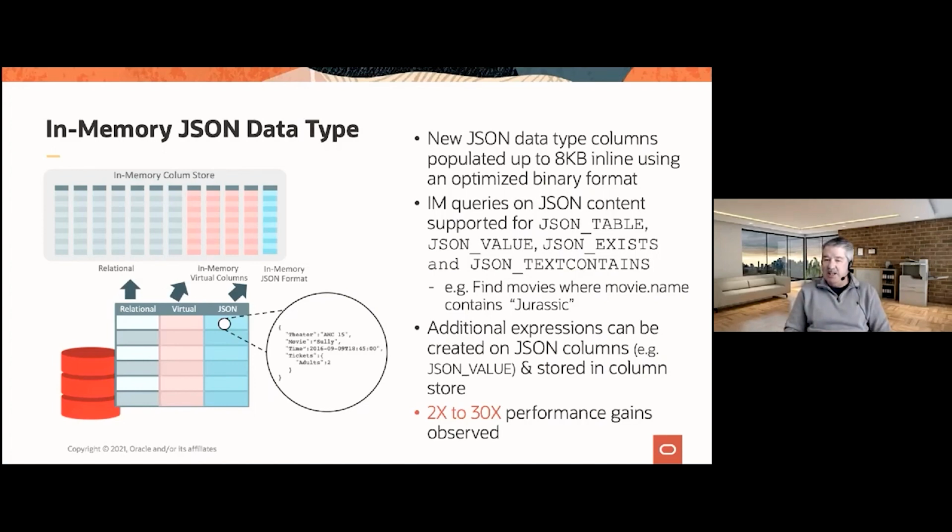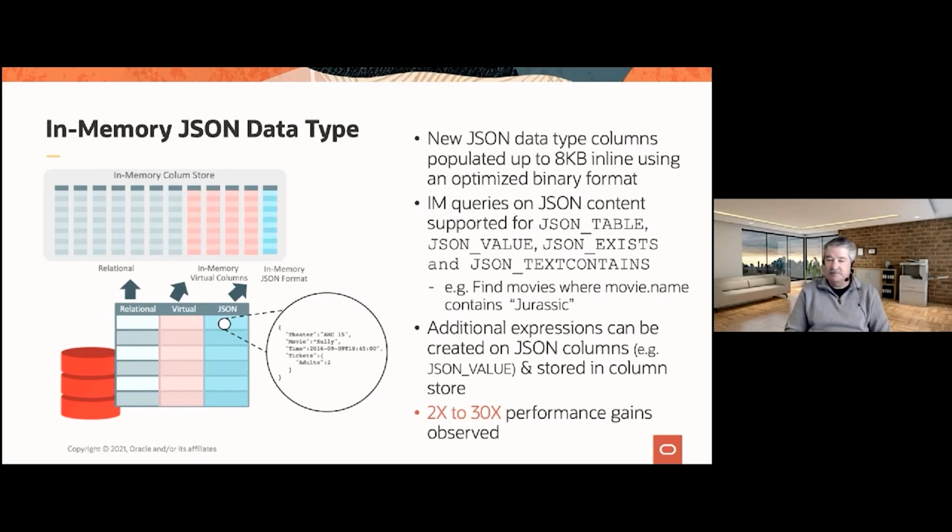And so we also support JSON_TEXTCONTAINS access of the JSON data as well. But the bottom line is it's perfectly feasible to do analytics on JSON data in Oracle database. We've had that support for a while, even in memory. And the point of the slide is that we're also now supporting the JSON data type directly in the column store as well.